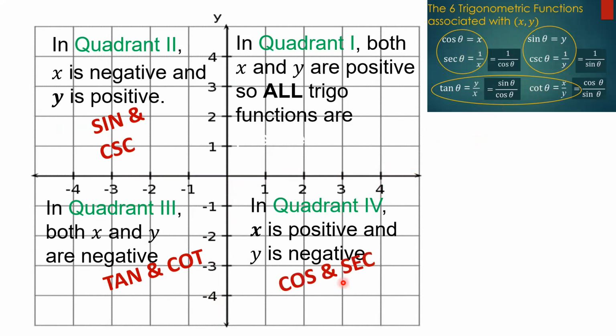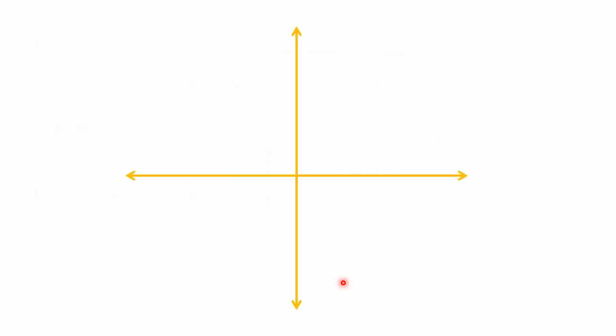So para mas matandaan natin to, we have this acronym A, S, T, C. Kasi dito sa first quadrant, all trigo functions are positive. Second quadrant, S as in sine, as well as its reciprocal function. Baka malito tayo na secant, kasi letter S din yun. Take note that these trigo functions here are the basic ones. Sila yung mga nakikita natin sa calculator natin.